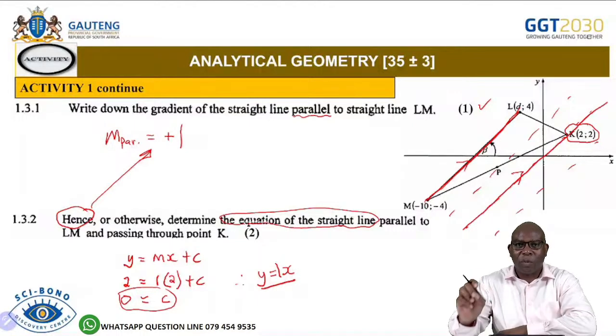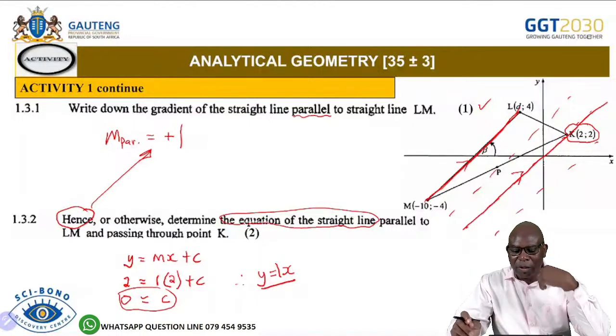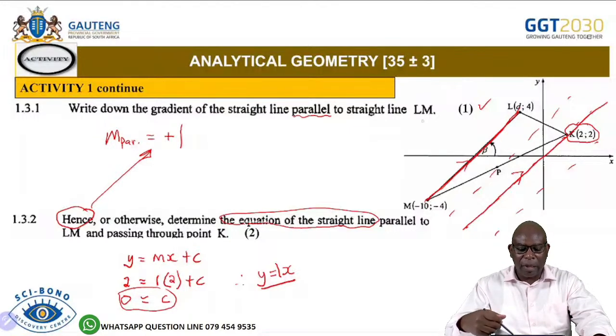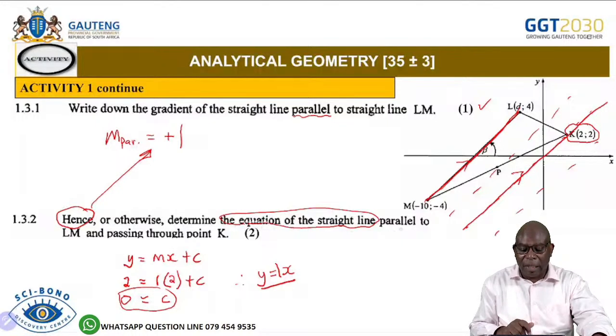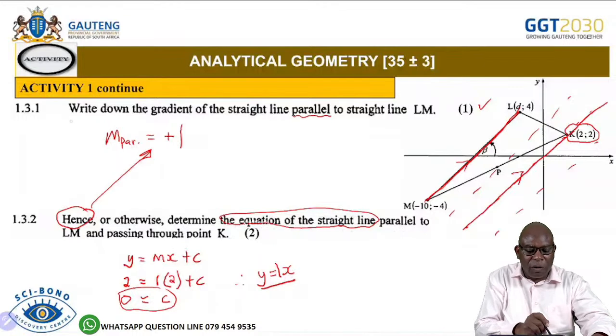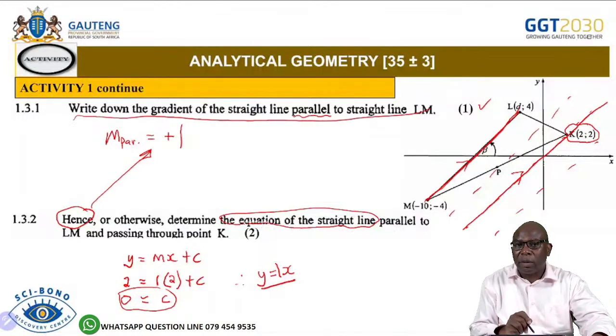Okay, can you see how they've broken down the question? So in other words, they could have asked you this question here, just saying determine the equation of the straight line parallel to LM passing through K, without giving you that question. And they will give you 3 marks there.